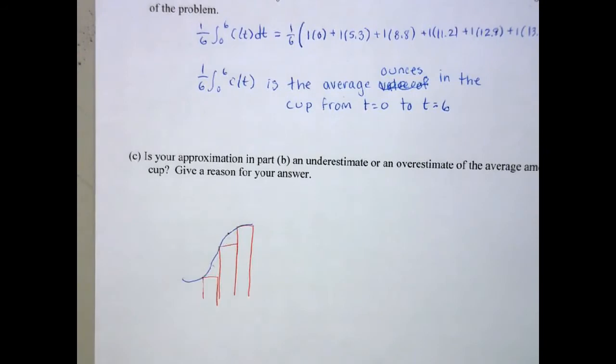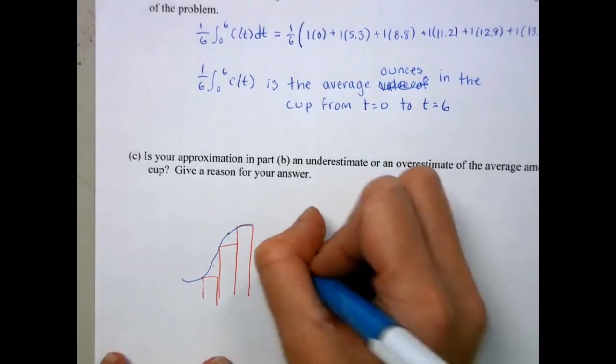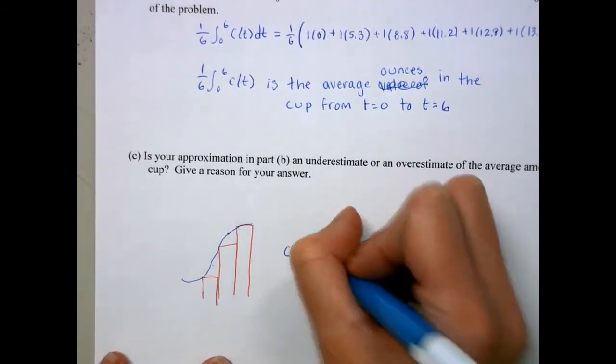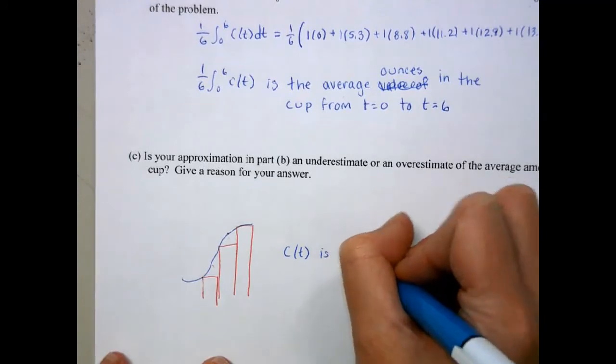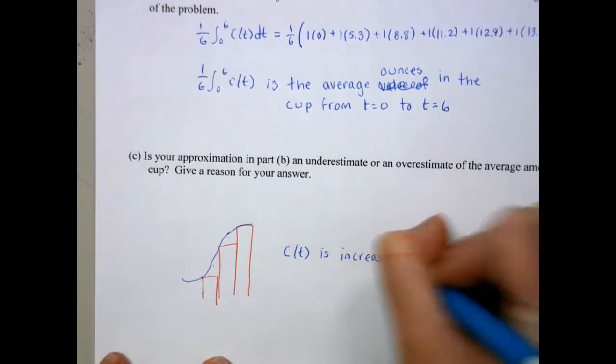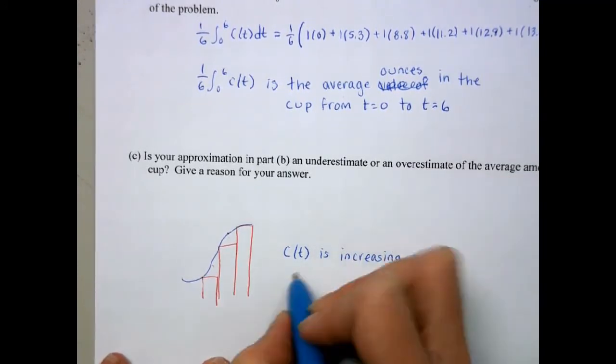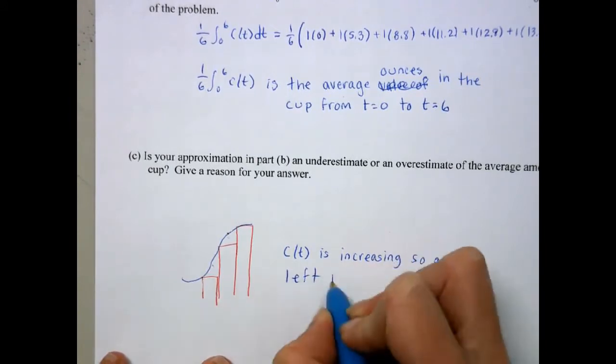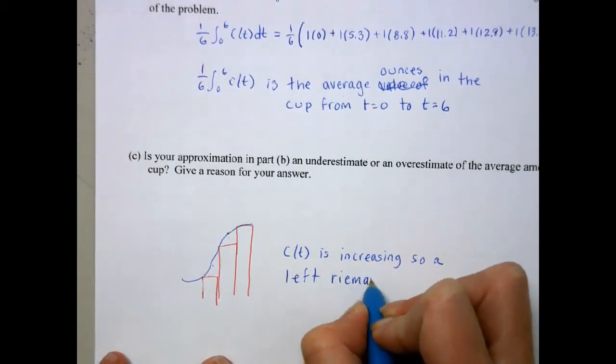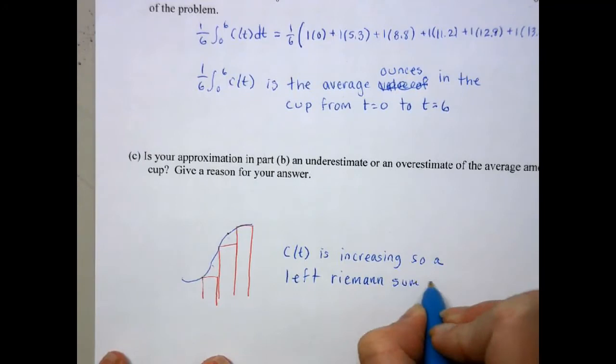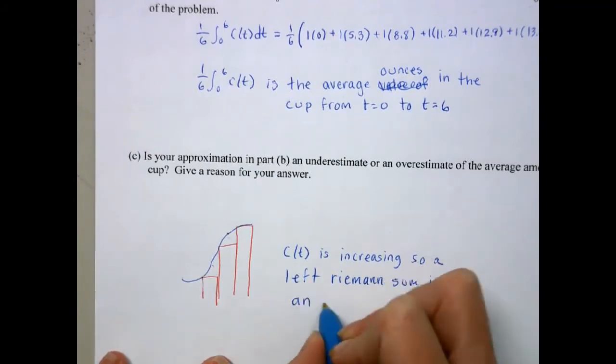So this is going to be an underestimate. So I'm going to say c of t is increasing, so a left Riemann sum is an underestimate.